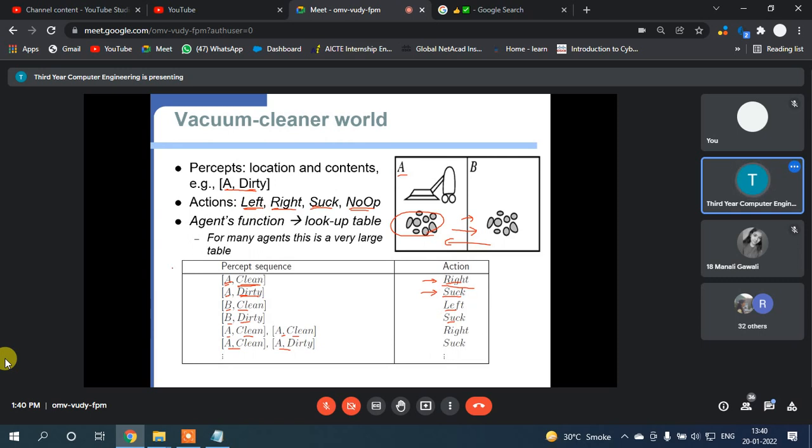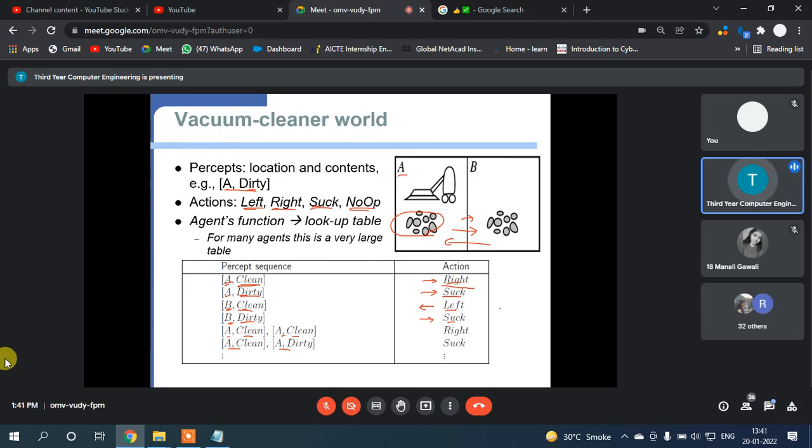suck परफॉर्म करना है. Then if location is B and it is clean, then what action it performs, it goes to left. Okay. If location is B and it is dirty, then what action will be performed, sucking will be performed. Okay.